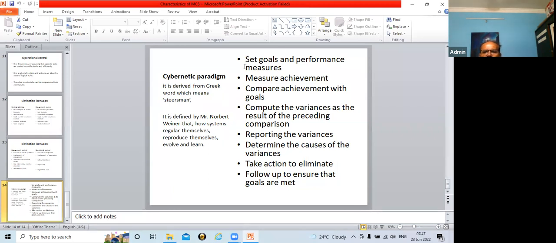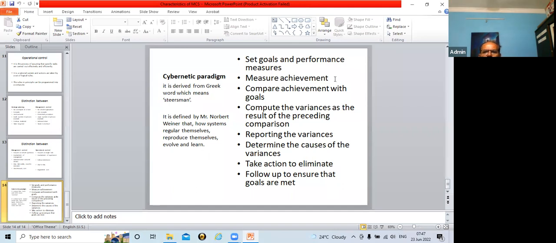Now let's know the points about this cybernetic paradigm. Set goals and performance measures. Since we are studying enterprise performance management, here you set goals and performance measures. Not only the goal, but you also have to set performance measures. How to measure performance? Measurement devices should be introduced.